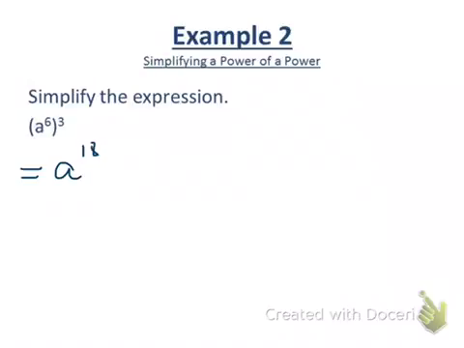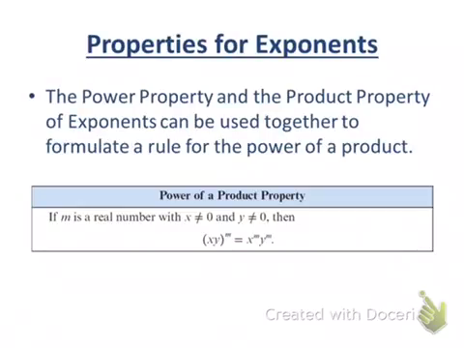Now, we're going to look at a couple of things here, and again, this is all the same thing. They're calling this the power of a product. I feel like we've even already done this. It says if you're multiplying two things and raising it to a power, then they both get raised to the power. It is easy.